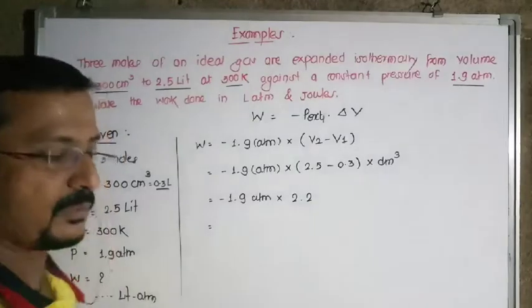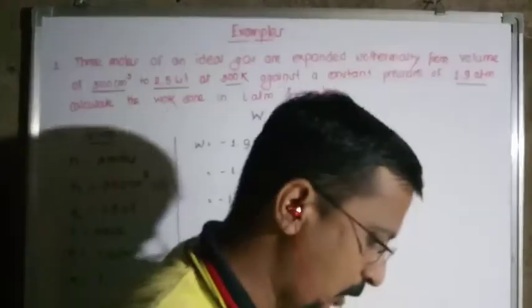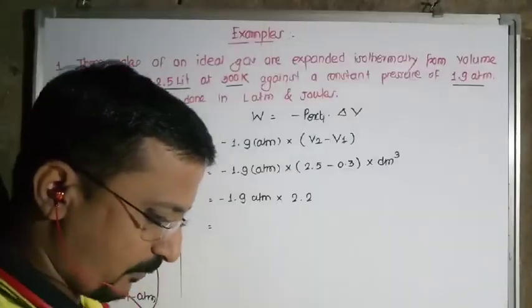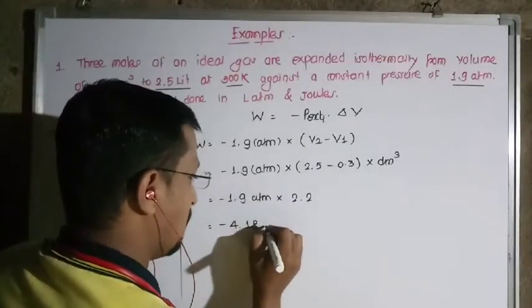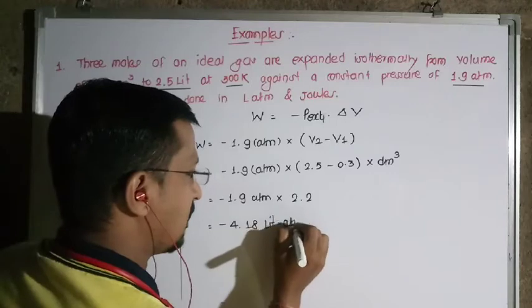If you multiply 1.9 by 2.2, the answer comes out to be 4.18. It's minus 4.18 liter atmosphere.